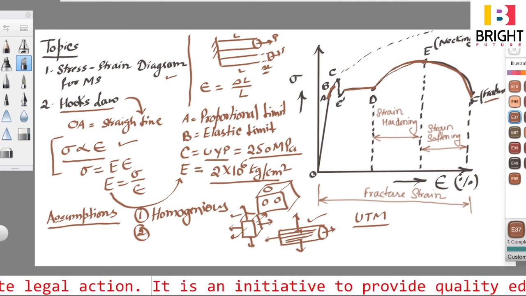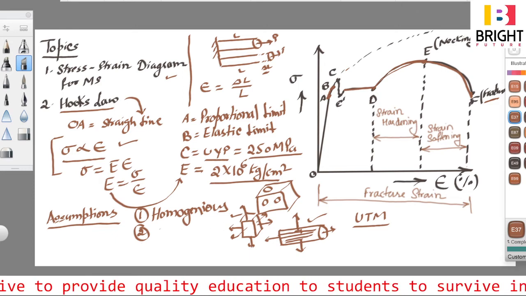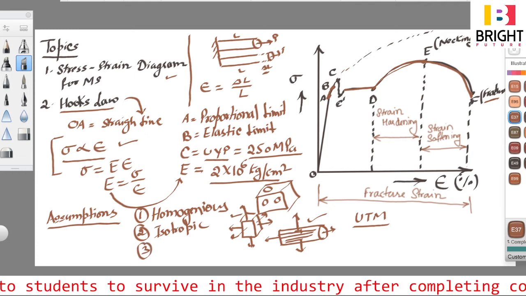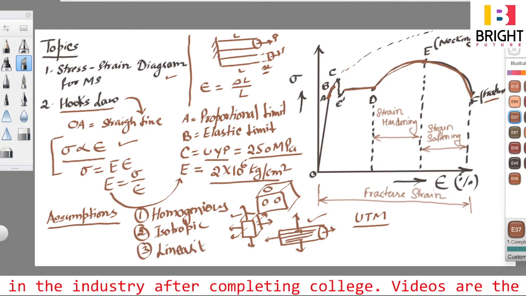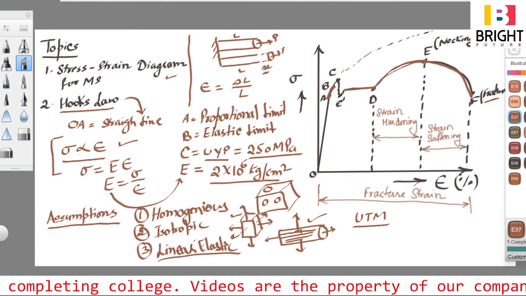Another assumption is that material is linear elastic, right? One is, this is isotropic, and another assumption is material is linear elastic. This line is very important.